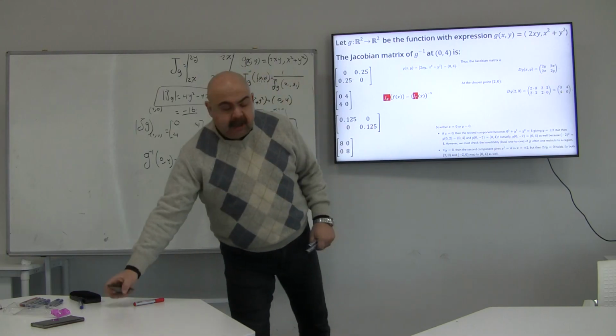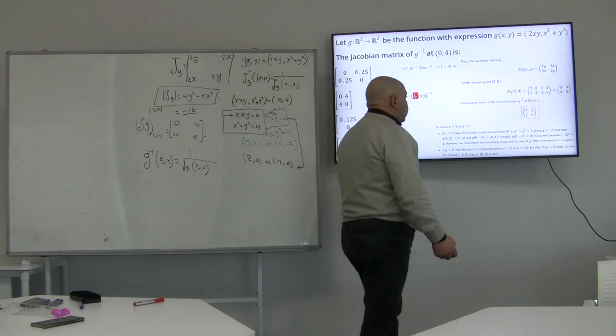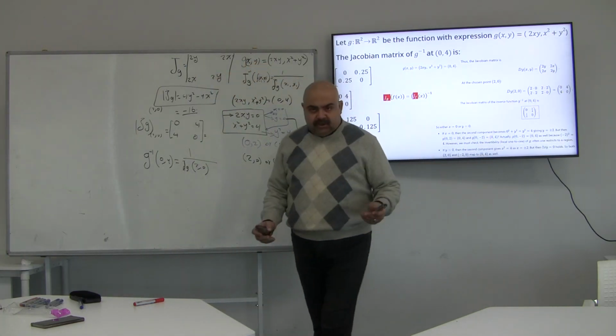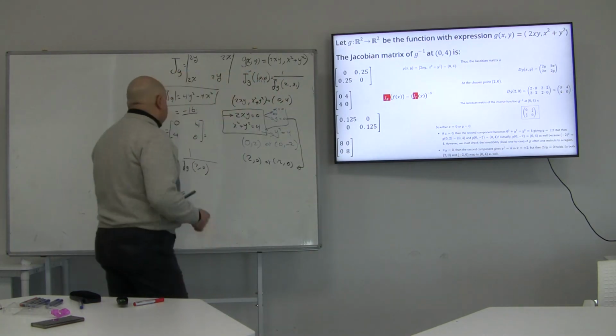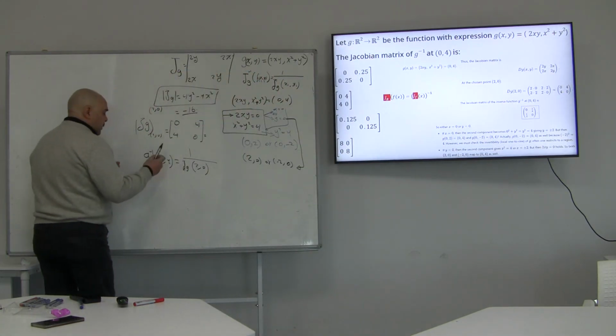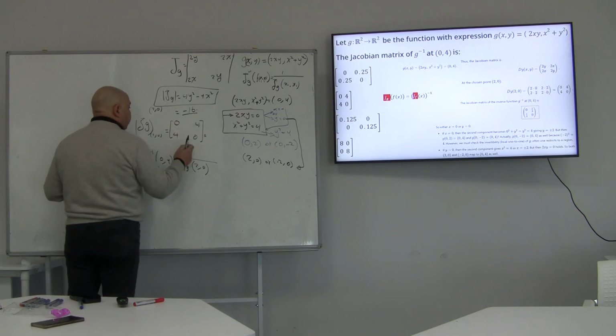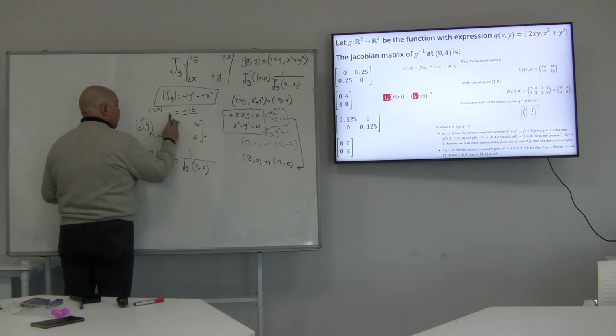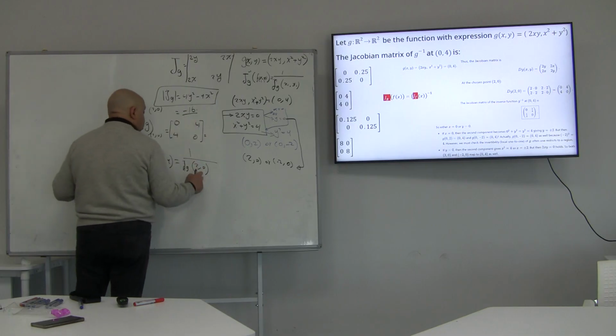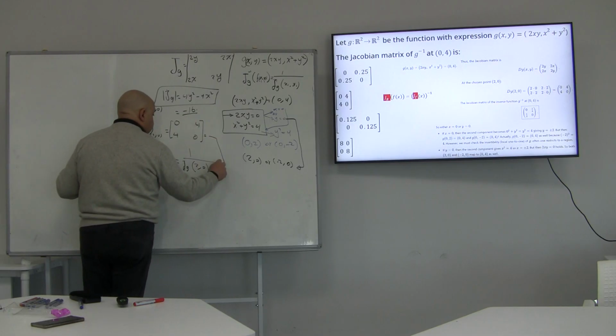So the next step, I will try to get its inverse, which is very, very simple. For a 2 by 2 matrix, if I want to get the inverse, all I have to do is to swap the elements of the principal diagonal and give the other elements the negative sign. So now I will get the inverse, which is this result.